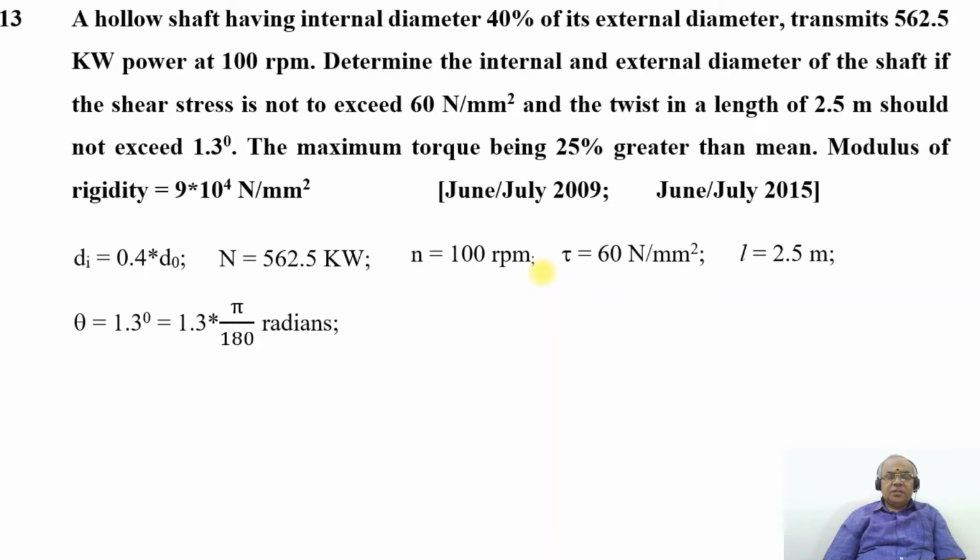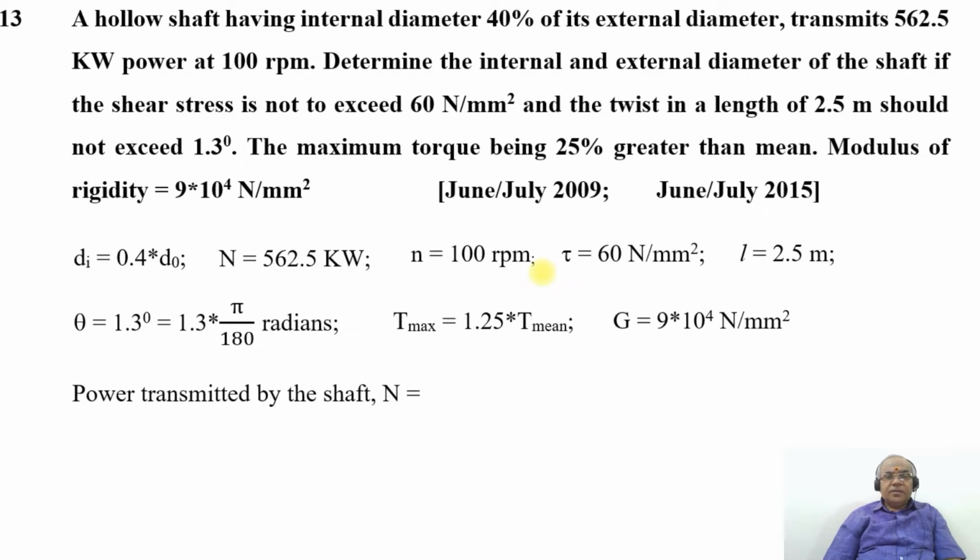So theta is 1.3 into pi by 180 in radians. The maximum torque T max is 1.25 times T mean, and the modulus of rigidity G is 9 into 10 to the power of 4 Newton per mm square.